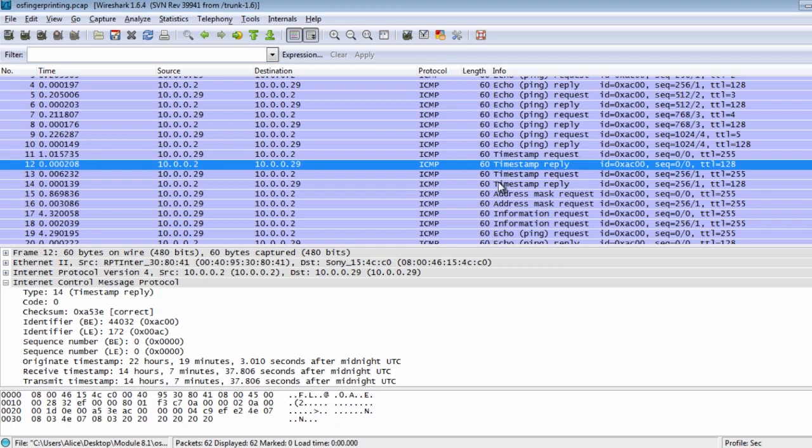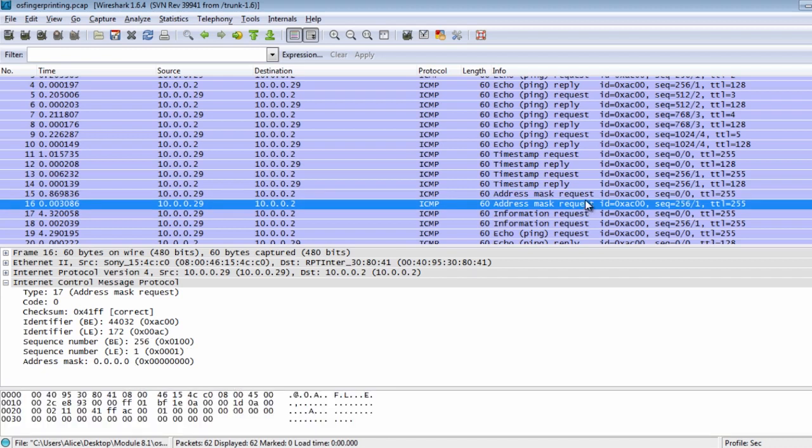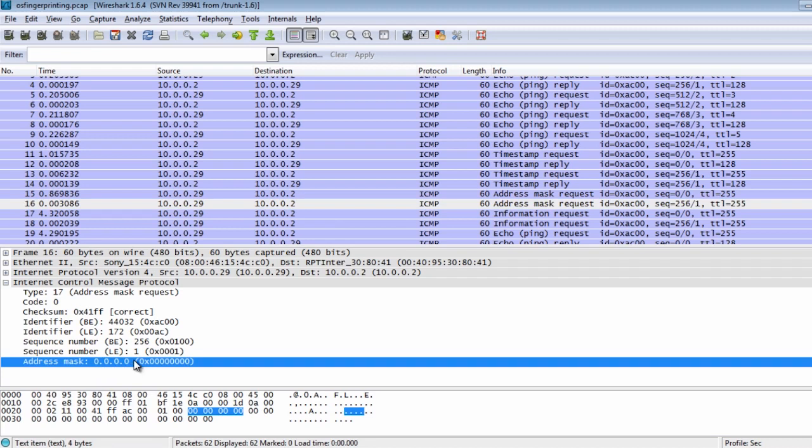Older Windows systems readily allowed to synchronize their clocks. After the request, we see the response. Someone shared with us their timestamp. Then we ask about other things, for example, the IPv4 address mask. We can receive the response or not. The response may also contain the default values.